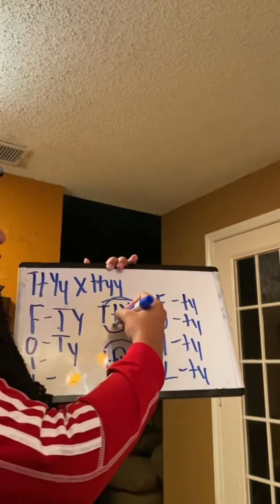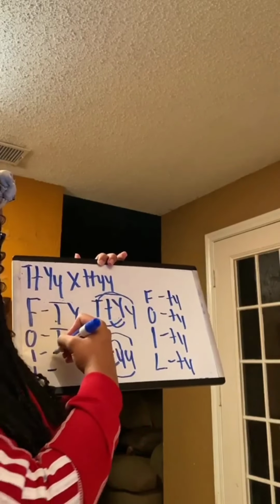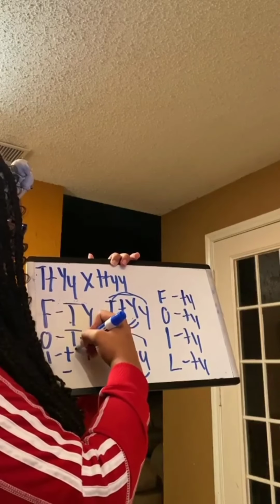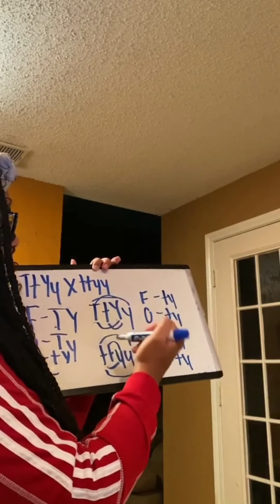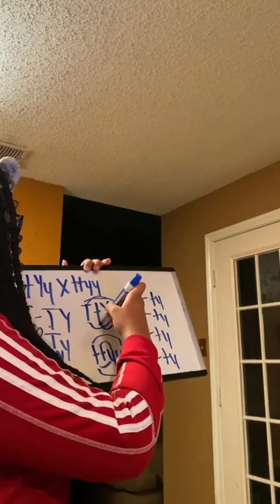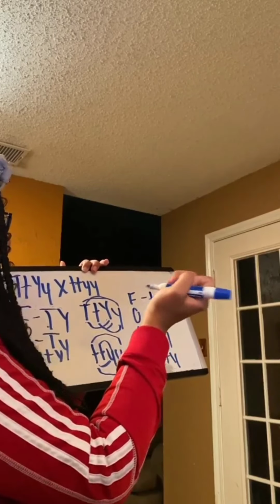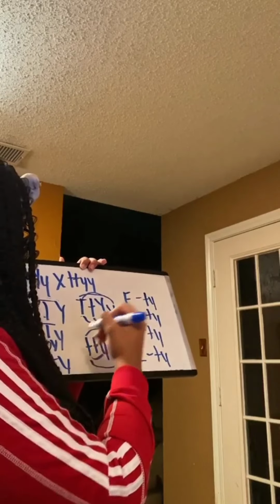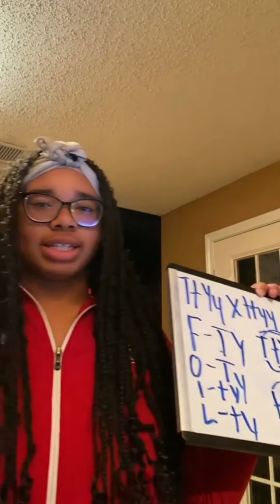Then we have inner, which is these two, so we have recessive t and dominant Y. And lastly, we have these two, which is last, and that gives us recessive t and recessive y.